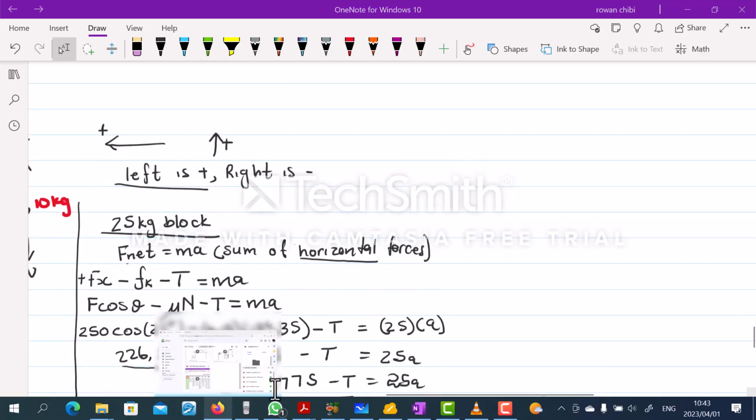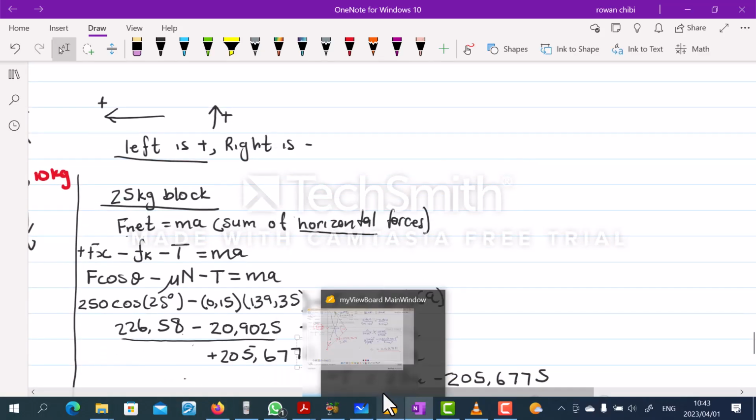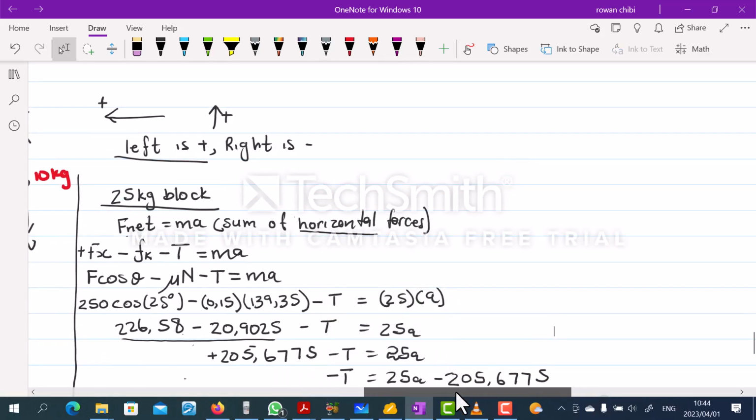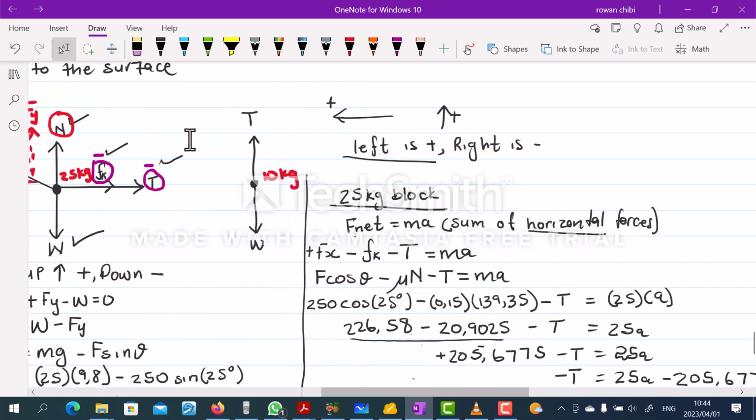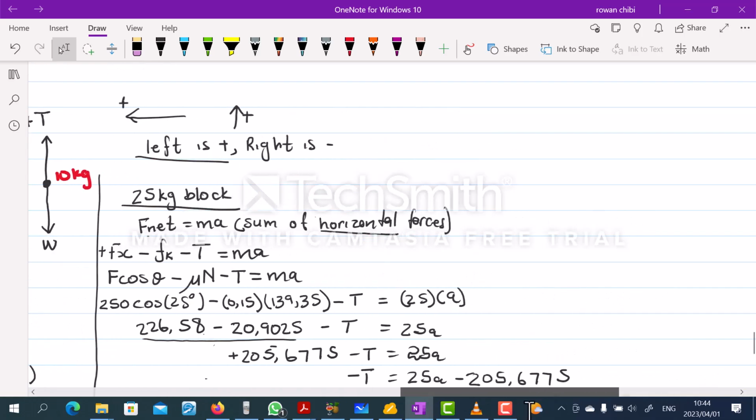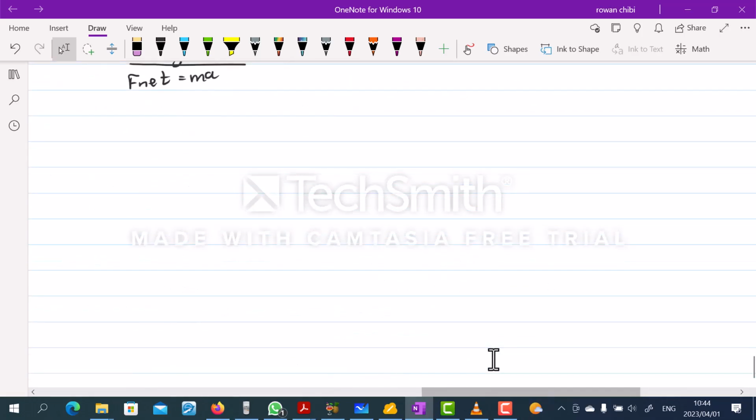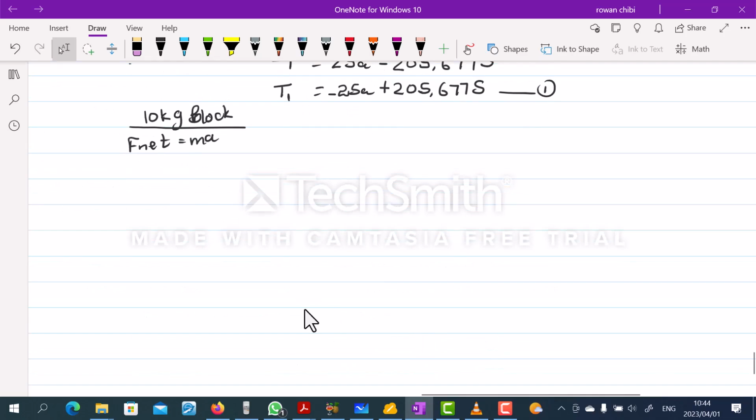The tension is going up, so the tension is positive and the weight is negative. So let's substitute these two forces. The tension is going up, so it is positive. The weight is going down, so it is negative. Also equals ma. We don't know T.